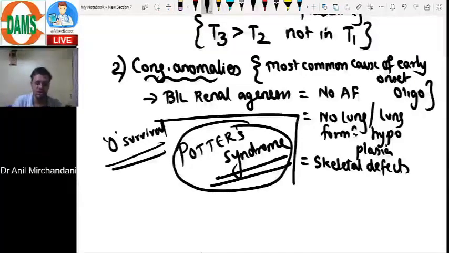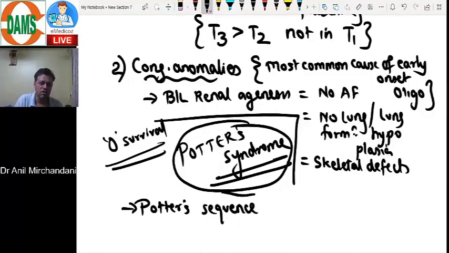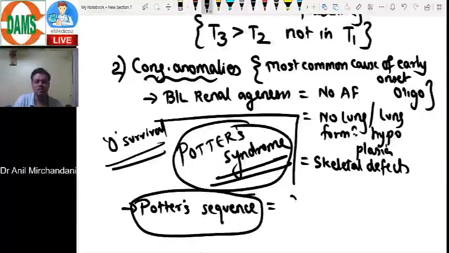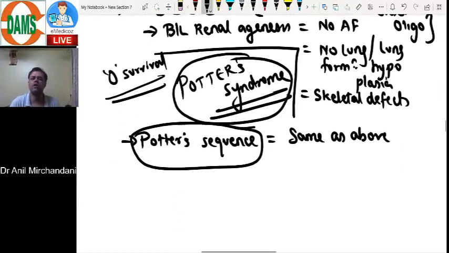There is another condition called Potter's sequence. It is same as above. There will be no amniotic fluid, no lung formation, lung hypoplasia, skeletal defect, redundant skin, etc. Everything would be same, but kidneys are present.